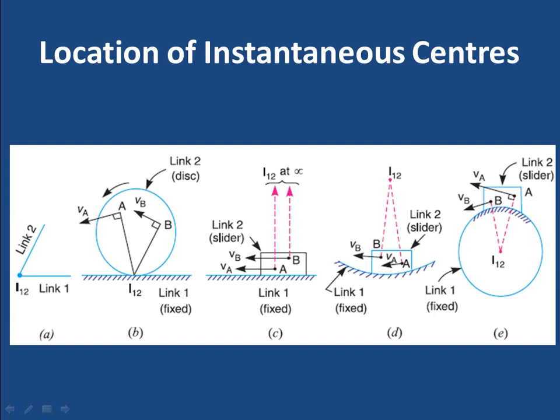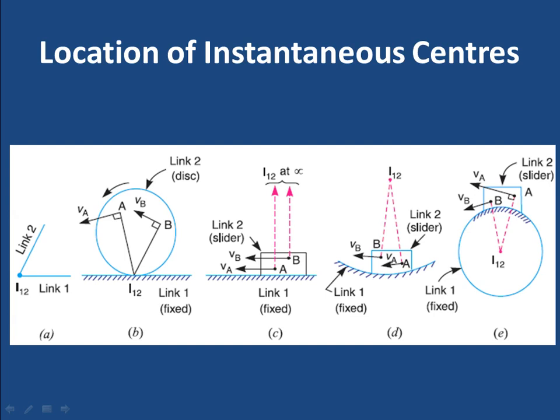Similarly for other types of surface, for curved surfaces you can see, if one is like a bulging part here and you can see the slider on this part, again I12 is very difficult to trace, it will again be an imaginary point. Similarly for the last link 2, you can see the slider on the curved path, so the location is at the center of this here.